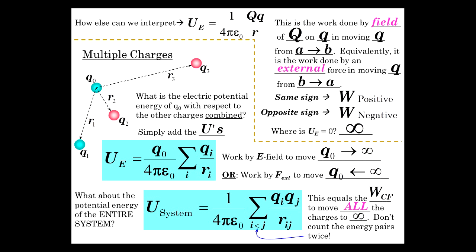And that's made sure when we multiply 1 by 2, we don't do 2 by 1. So 1 by 2, 2 to 3, and of course 0 to 1, but we don't reverse the numbers. So adding all those will give us the correct value for the system potential energy.